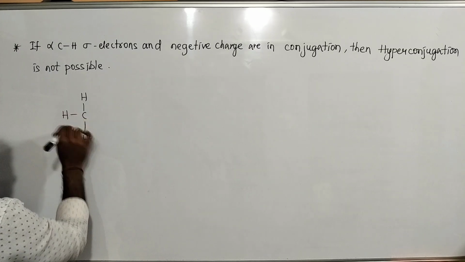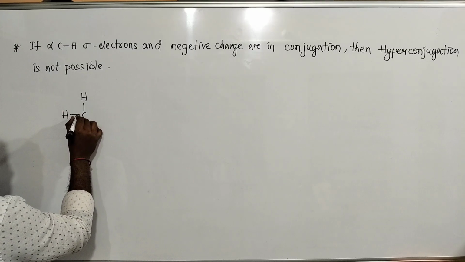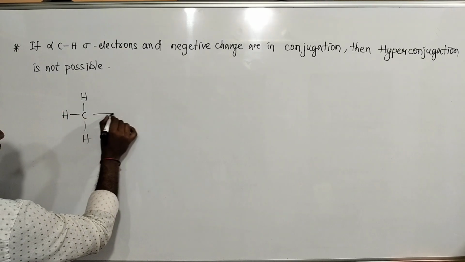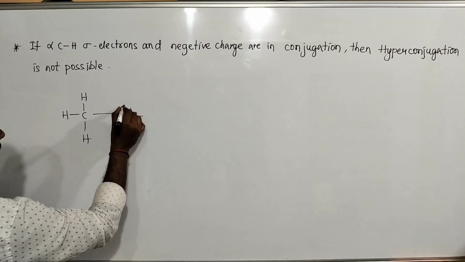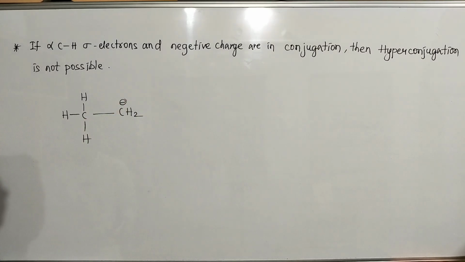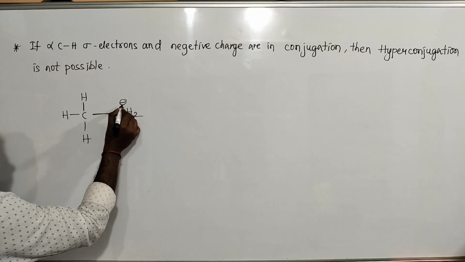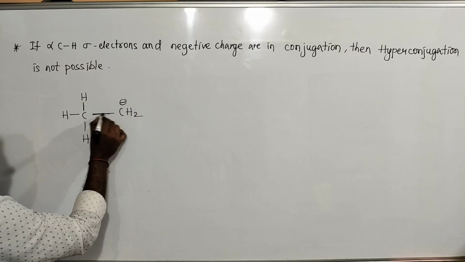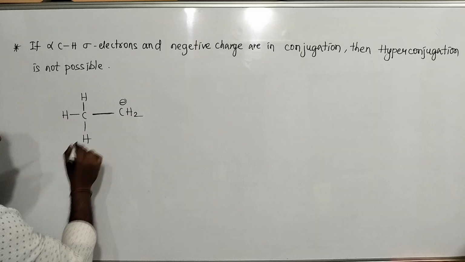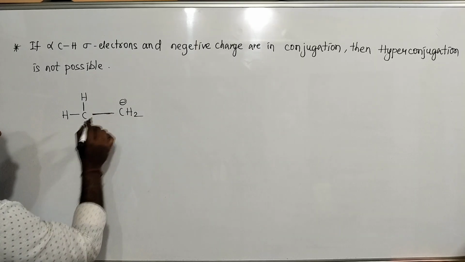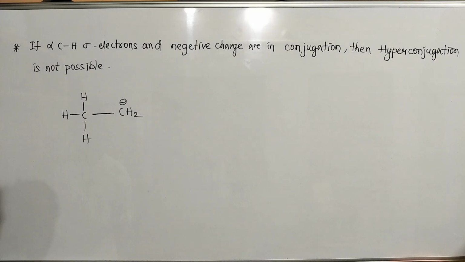See, this is alpha carbon with 3 alpha carbon CH sigma electron and taking this negative charge. Alpha carbon CH sigma electron and a negative charge are in conjugation. That means alternatively, in between those two, one sigma electron.